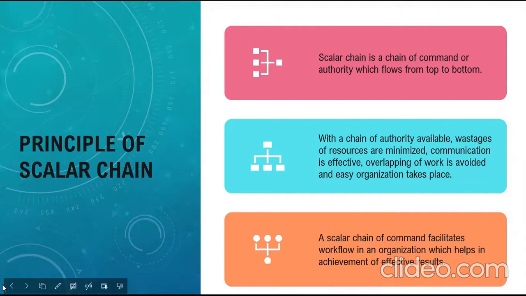The line of authority flows from the highest executive to the lowest managerial level, and the chain of command should not be broken. With the chain of authority, the wastage of resources is minimized, communication is very effective, and any overlapping or duplication of work is avoided, and it is required for any organization to complete the organizational goals.